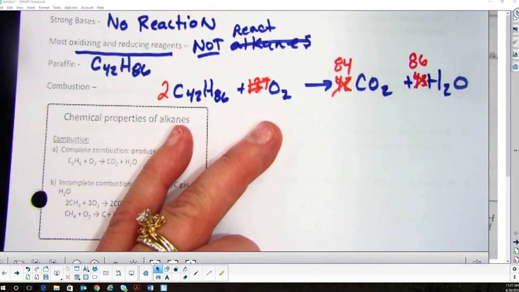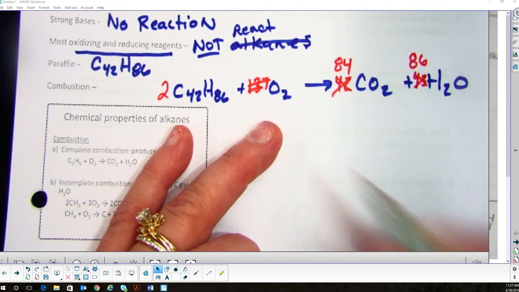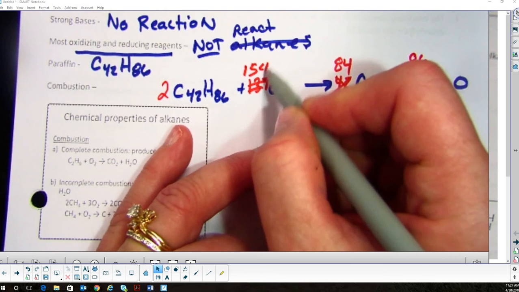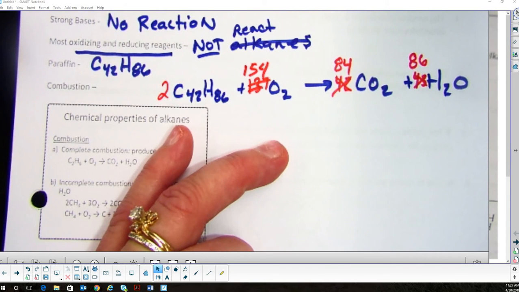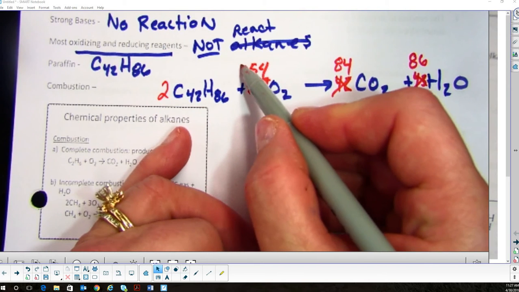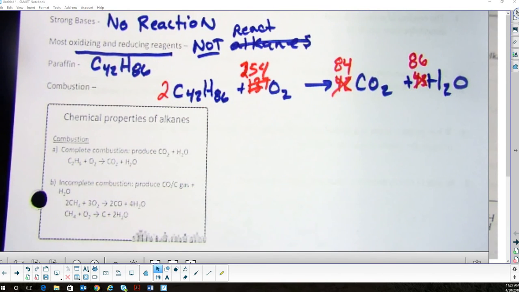So 84, 84, and 86. So 14, carry the 1, 17. I got 154. That's still not right. I cannot add, guys. 254, thank you. I was going 84 and 84 and 84 is not 156. Okay, so it takes a little bit of adding. I didn't have a calculator. I guess I did. I forgot those in the sink.